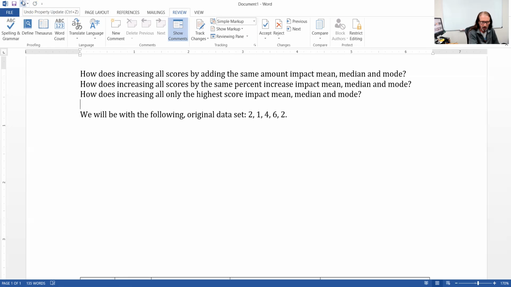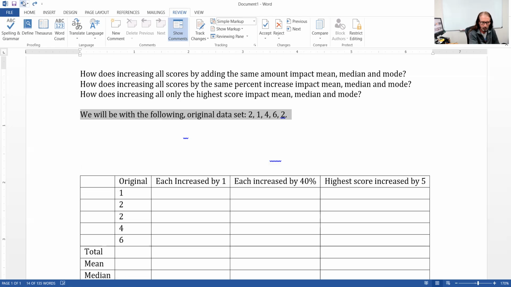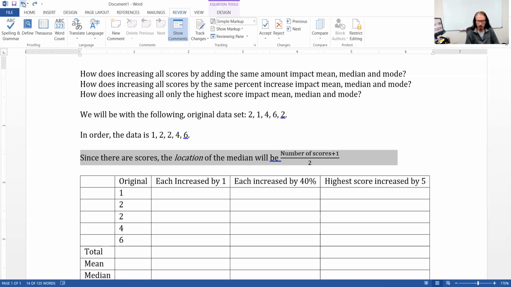So we're going to have to put the data in order to find the median. So we'll just do that first, to put things in order. So in order, and the median is going to be, since this has an odd number of scores here, we could add 1 to the number of scores and divide by 2.